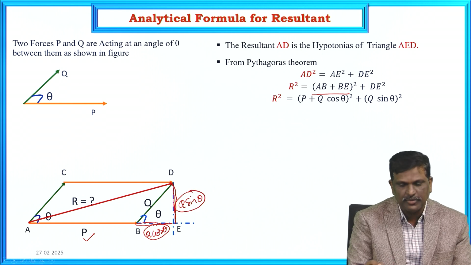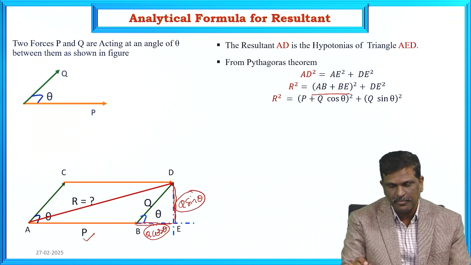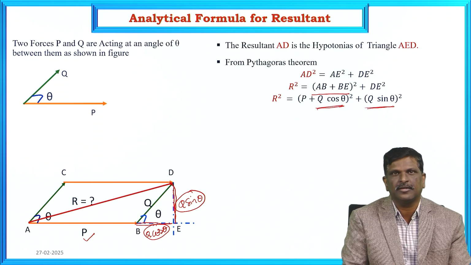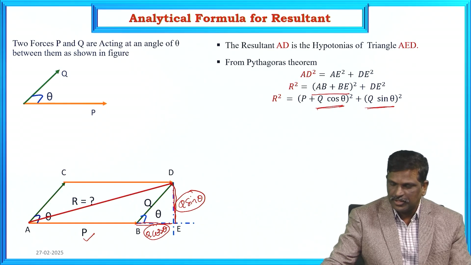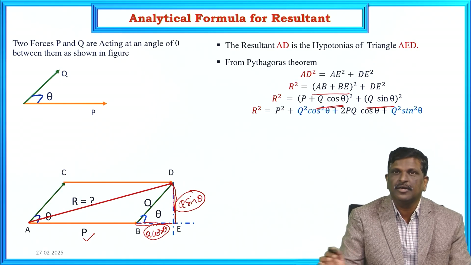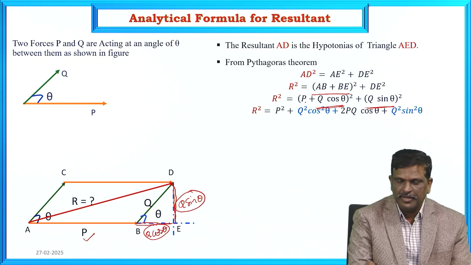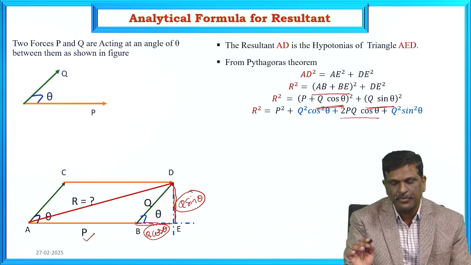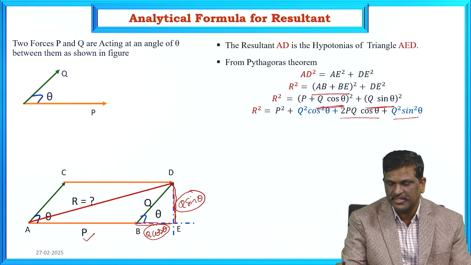Substitute these two values in the equation. BE is Q cos theta and DE is Q sin theta. Now expand this. R square is equal to P plus Q cos theta whole square, which is expanded like this: P square plus Q square cos square theta plus 2PQ cos theta plus Q square sin square theta.